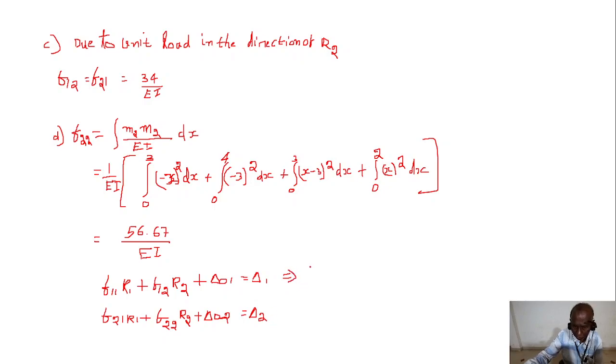This will be written F11 R1 plus F12 R2 equal to minus delta 01, same as F21 R1 plus F22 R2 equal to minus delta 02.